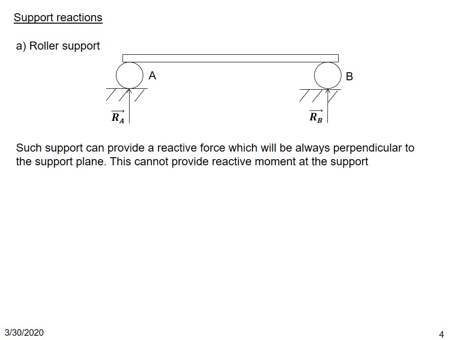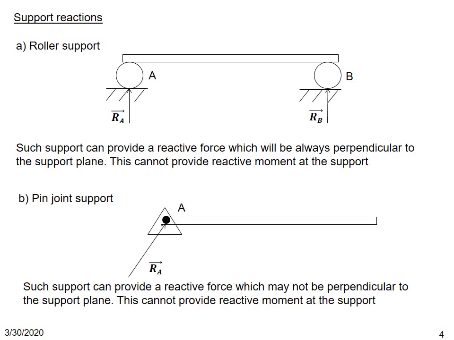Also note that a roller support cannot provide any reactive moments. That means if you apply an inclined force, the system will not be in equilibrium. It will just keep rolling. That's why we say that a roller support cannot provide reactive moment at the support.